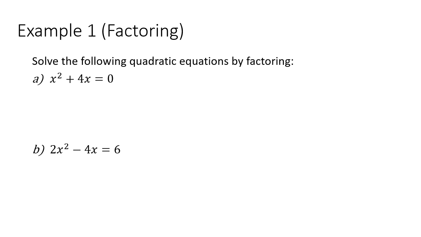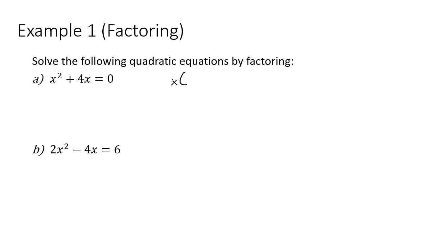So the way we go about factoring part A is going to be a little bit different from the way we go about factoring part B. It's already equal to 0, which is what we want to see, but anytime your constant is not there, anytime all you have is x squared and x, then all you have to do is the greatest common factor method. Pull an x out of both terms.